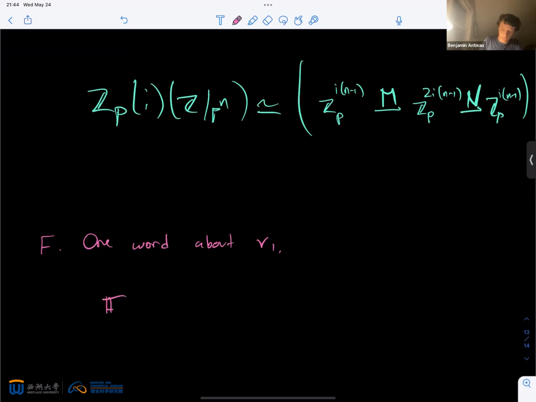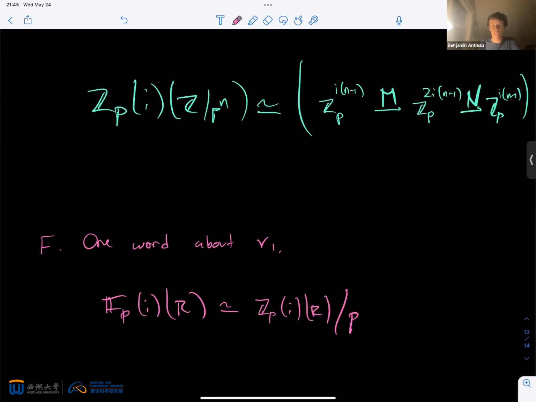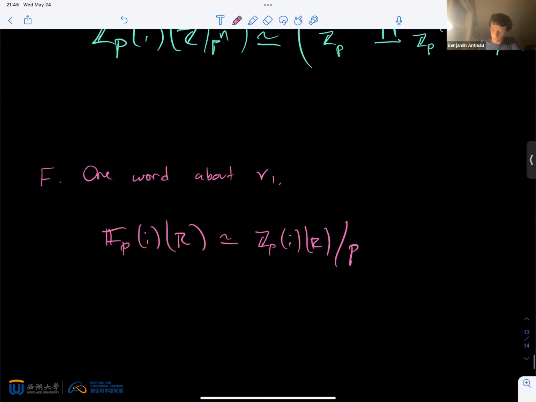So first of all, I'm going to let F_p(i) of a ring R be just Z_p(i) of R mod p, the cofiber of multiplication by p.